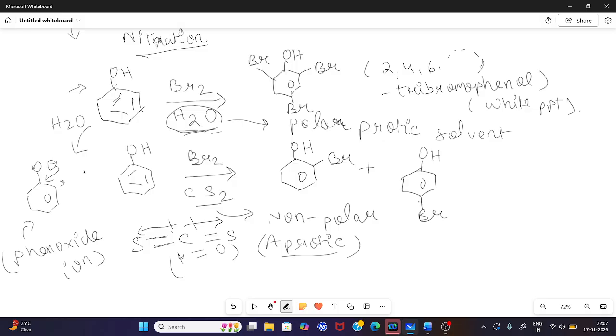This negative charge is also stabilized by the activated protons of the water molecules. So these polar protic solvents stabilize the negatively charged phenoxide ions and help them direct more electron density at the ortho and para positions, due to which they become more activated. So there is more activation at the ortho and para positions in this case because of the change of solvent. The solvent plays a very vital role here.